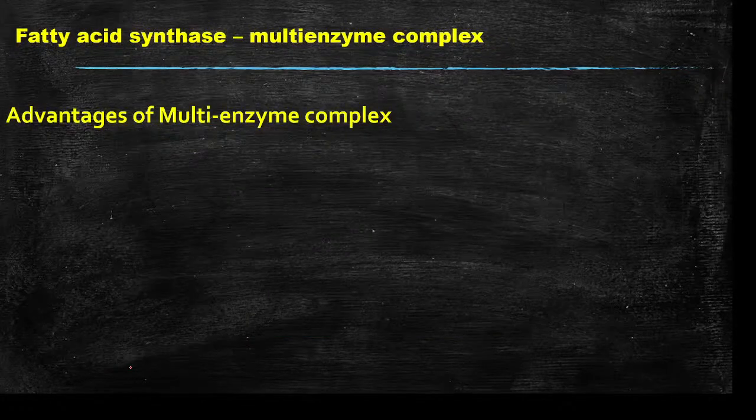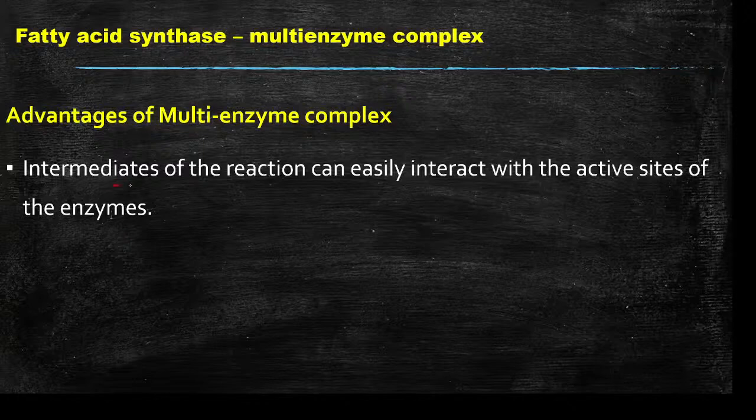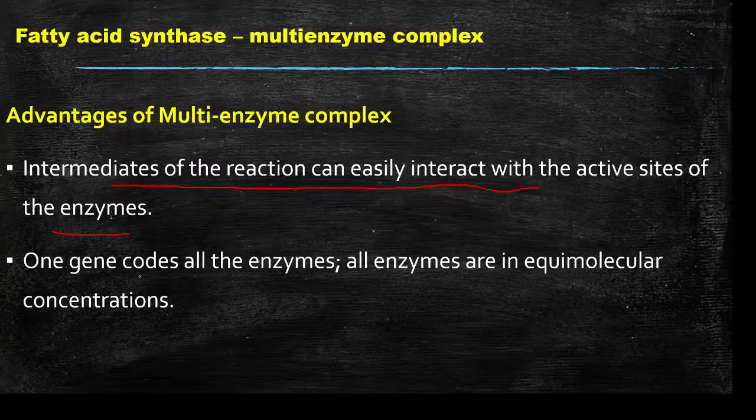What is the advantage of a multi-enzyme complex? The intermediates of the enzyme reaction can easily interact with the active site of the enzyme. It need not search for its enzyme anywhere else. They are available all at one place. One gene codes all the enzymes, so a single gene will code for the biosynthesis of all these enzymes.